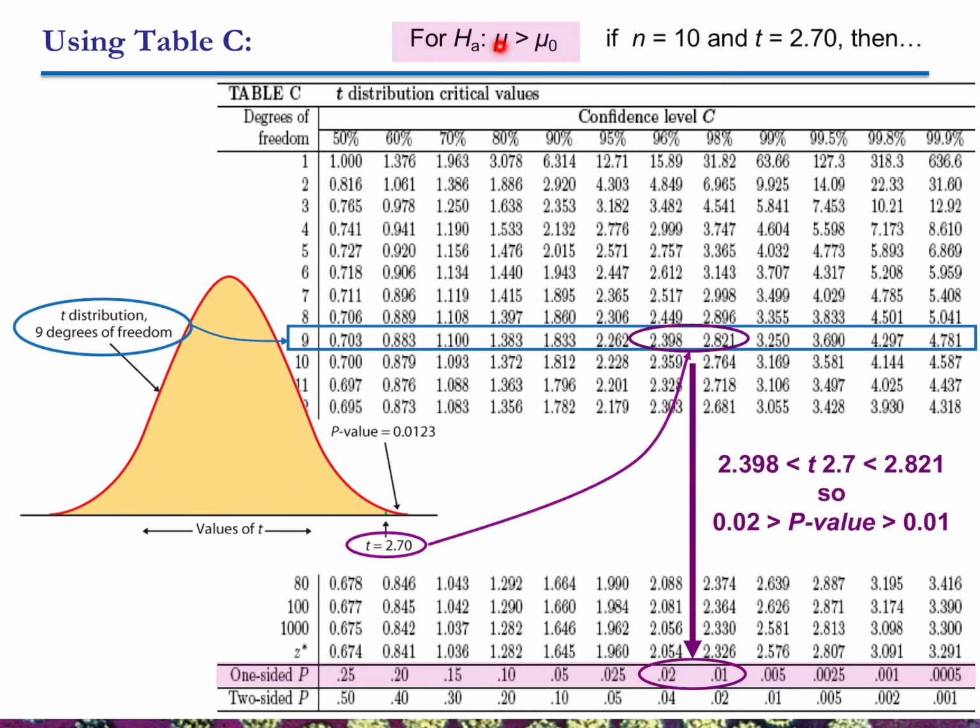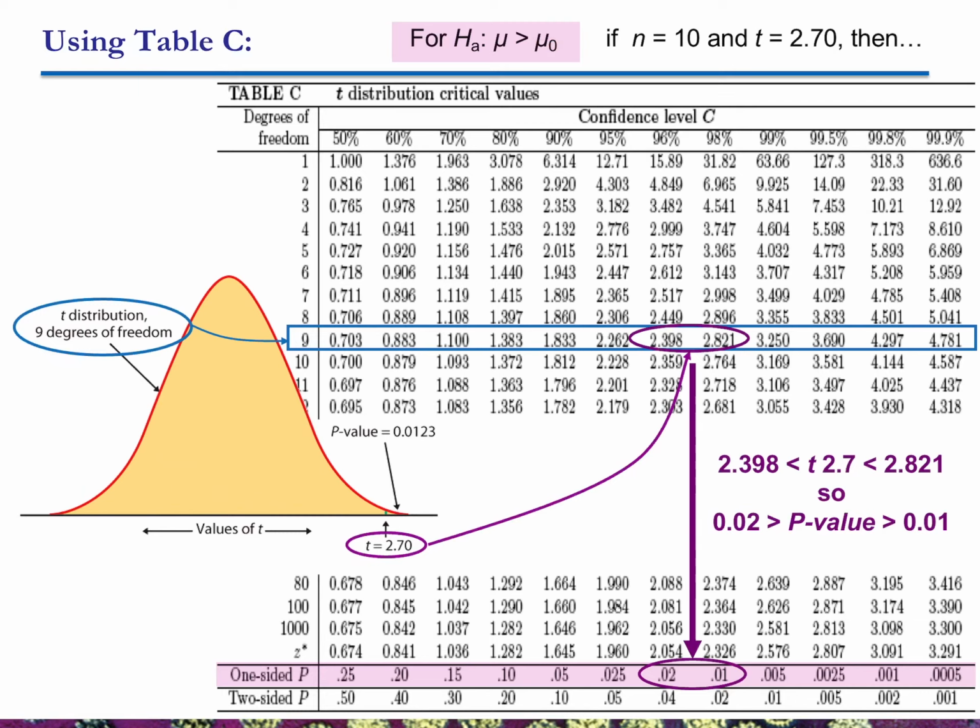So let's say that we have an alternative hypothesis that our population mean is greater than our null hypothesized mean. Sample size equals 10, and we have a calculated test statistic of 2.7. That means that whatever the sample mean is here, it lies 2.7 standard deviations away from our hypothesized null mean.